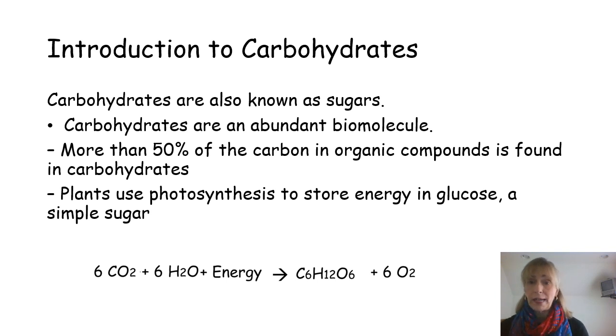So we in fact do get oxygen from the plants. They're crucial to our oxygen supply. So you should be familiar with this equation for the photosynthesis of glucose. Okay, so where do we go from here? Well, carbohydrate classifications.